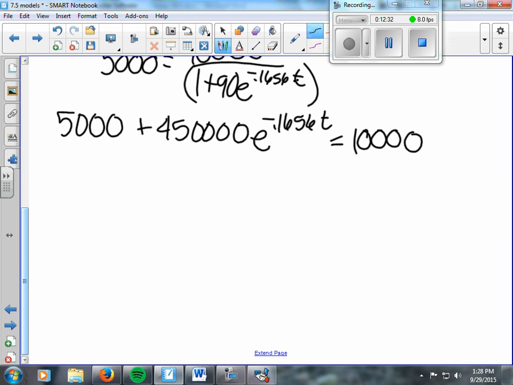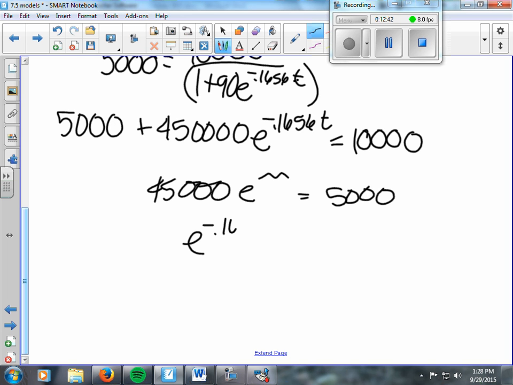And I can now subtract away the 5,000. Then divide by 4,500. So that's going to be 1/9, 5 over 45, and then 3 zeros cancel. Now I'm much simpler, and to solve for t that's in an exponential, I'll do the logarithm.